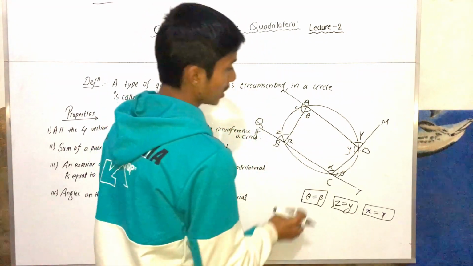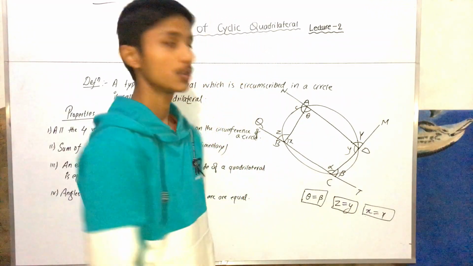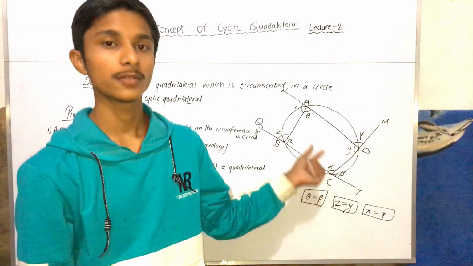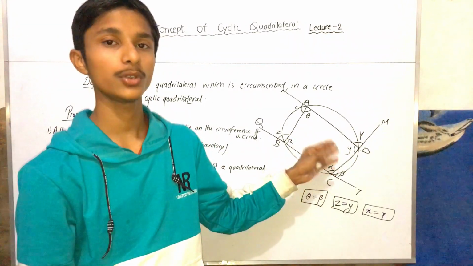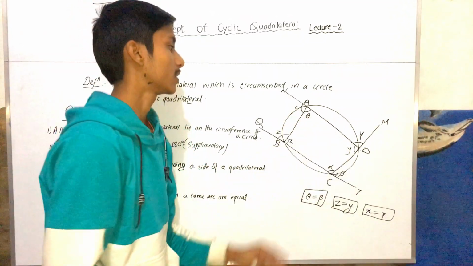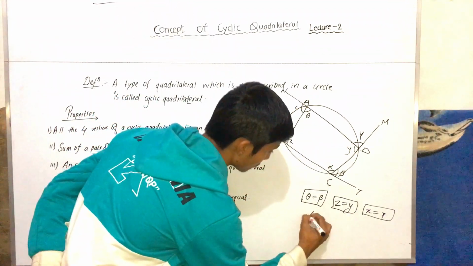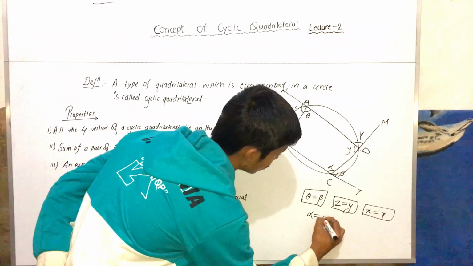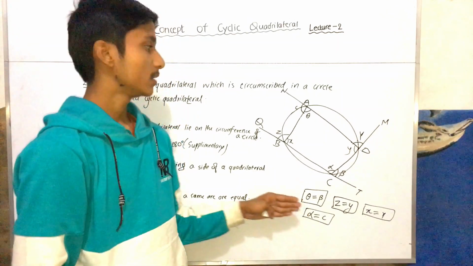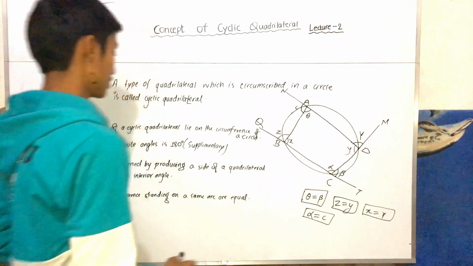Then the angle c will be equal to the angle alpha, because alpha is the opposite interior angle of the exterior angle formed by producing the side DA to N. So we can write alpha is equal to angle c. Okay.